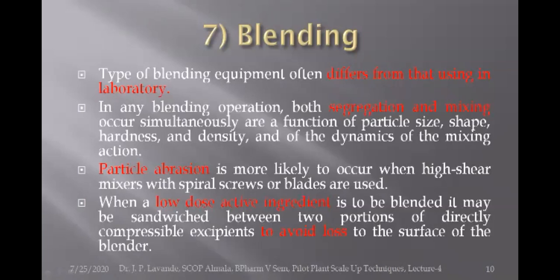When the amount of active ingredient, API, is very, very small, it should be sandwiched between two portions of the directly compressible excipient. Sandwich means it is mixed with the other excipients, which are directly subjected to compression, in order to avoid its loss.